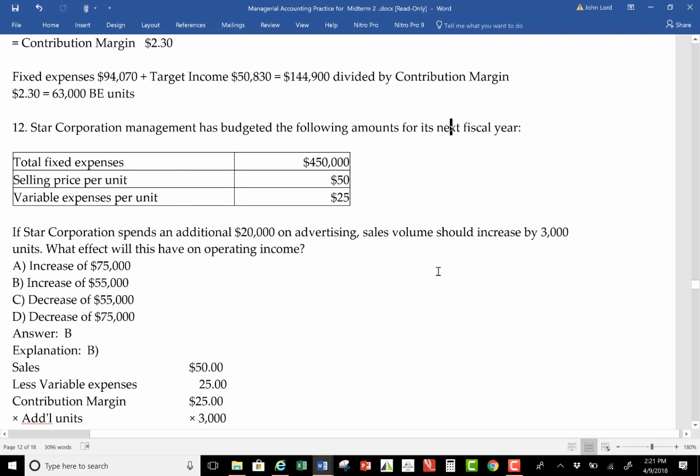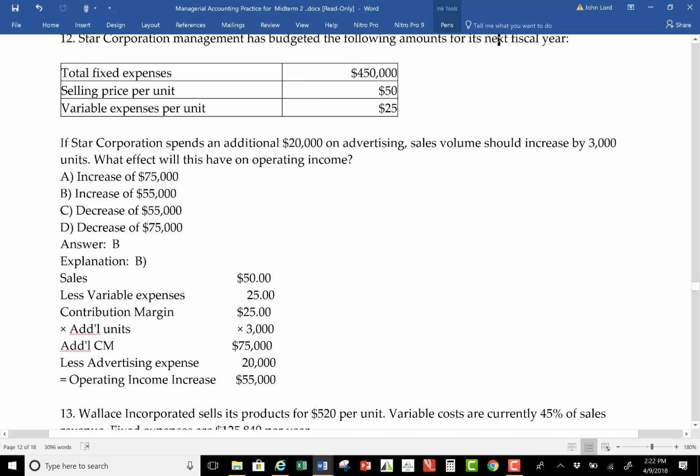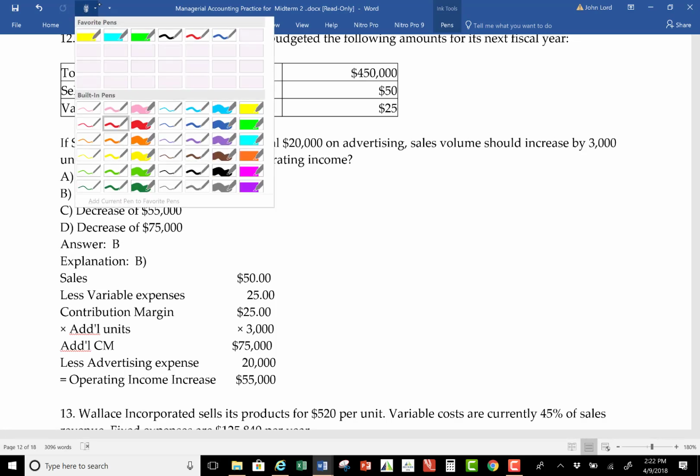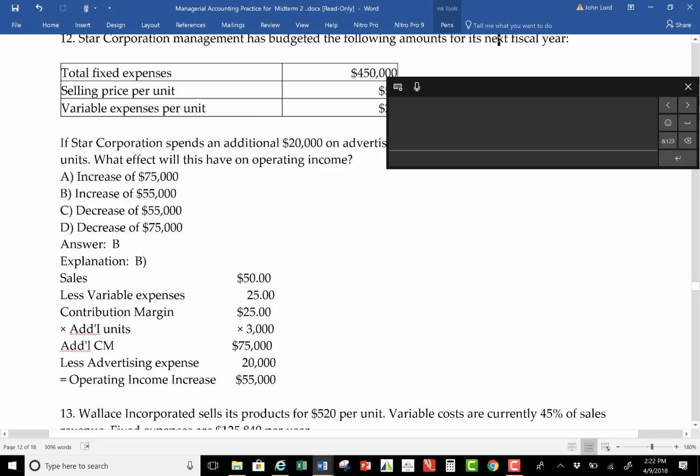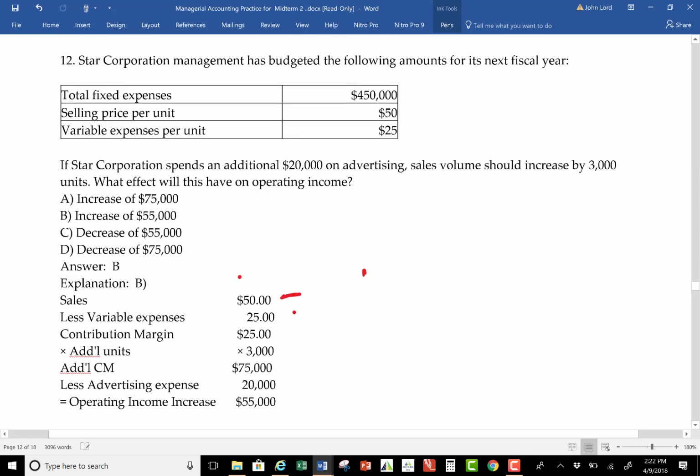Okay, Star Corporation management budgeted the following amounts. If Star Corporation spends an additional $20,000 on advertising, sales volume should increase by 3,000 units. What effect will this have? And so you first figure out your contribution margin, which is sales minus the variable expenses, giving me a contribution margin of $25.